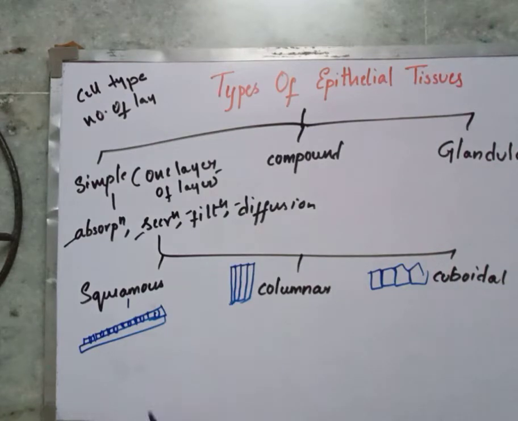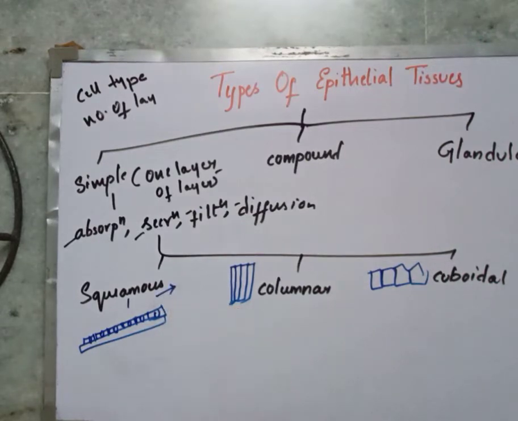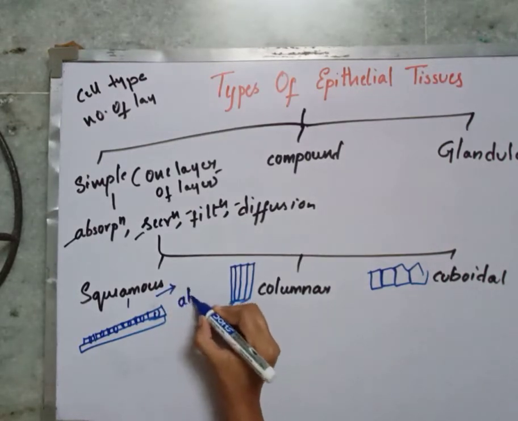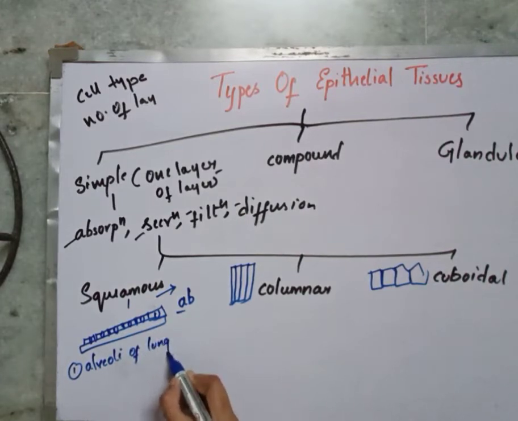So if we take simple squamous epithelium and its location, use the code AB. AB means simple squamous epithelium is found in the alveoli of lungs. So A means alveoli of lungs. You need to remember these examples because these are the locations of simple squamous epithelium.